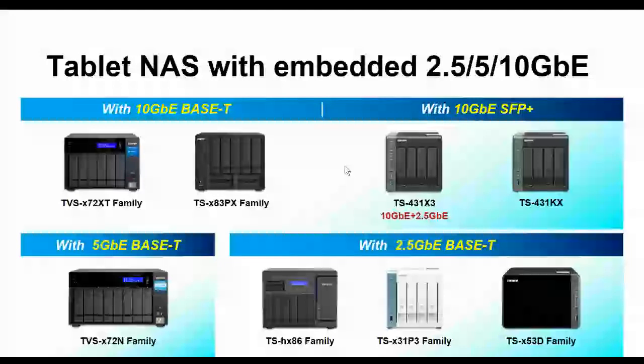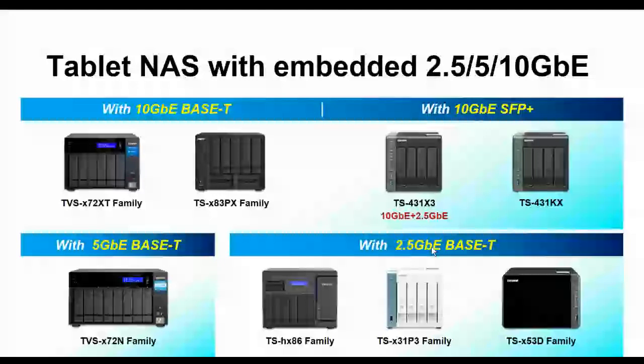And with QNAP products, you don't need to buy an additional card. If you need, of course, you can, but we already built in 2.5 from the start. So you can start specifying this product. I believe if you see a 2.5 LAN port on storage, it definitely will come from QNAP. That would be a good strategy, working across a lot of tower models and rack mount models.